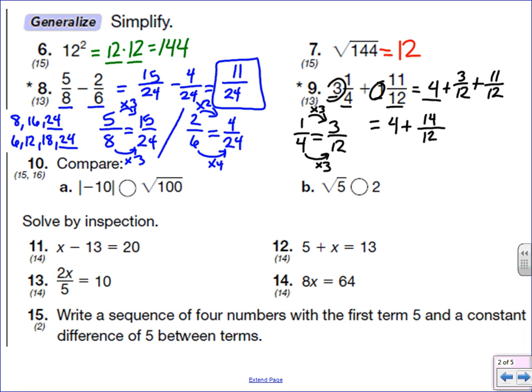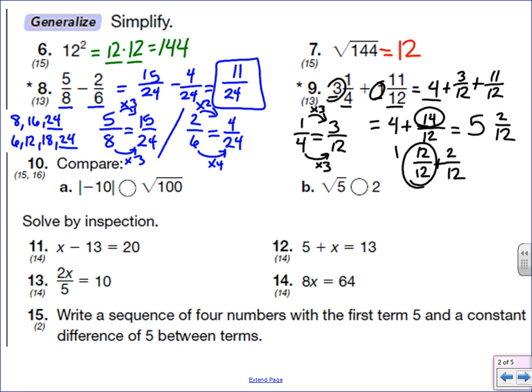And looking at this, I have 12/12, and then I'd have an extra 2/12. 12/12 plus 2/12 is 14/12. And 12/12 is 1. So I'm going to take 1 and add it on to the 4. That gives me 5. And then I have an extra 2/12 left over.